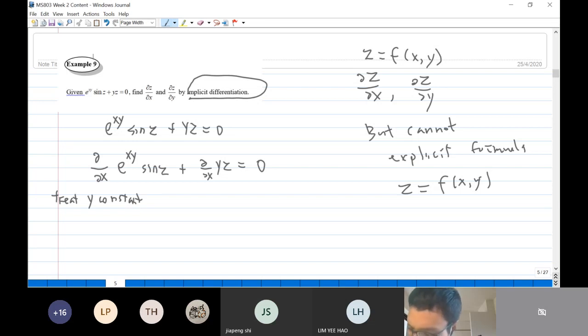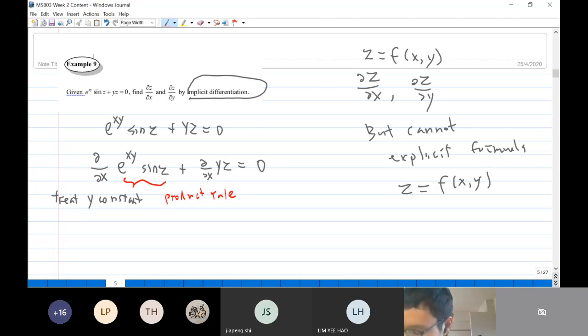Now remember z is a function dependent on x and y. Although I don't know what it looks like, it is a function dependent on x and y. So now I'm going to use the product rule here, because this is a product of two terms involving x, and z depends on x.